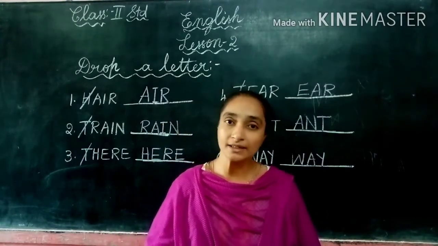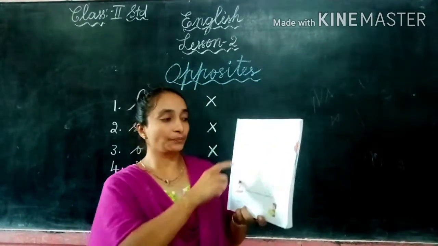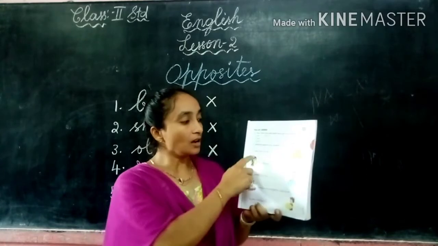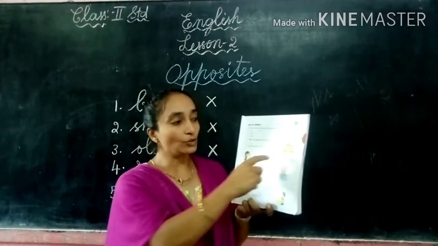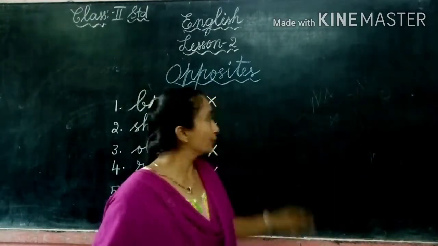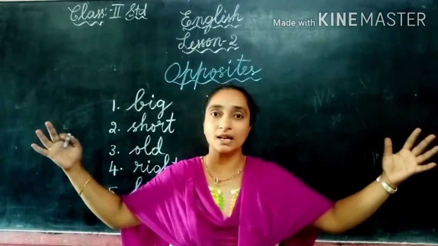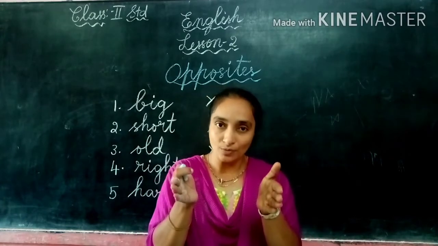So let us read the sentence, children. Here we can see the opposites. The first sentence here is Sarah's house is not big. It is... So here we can see Sarah's house, how it is. What is the opposite of big? Big means such a big one. But Sarah's house is small.